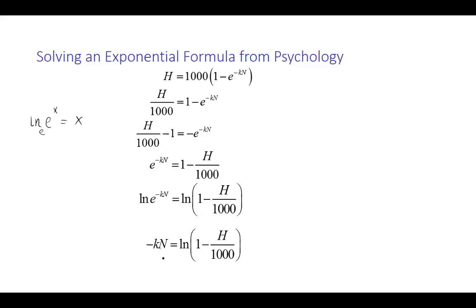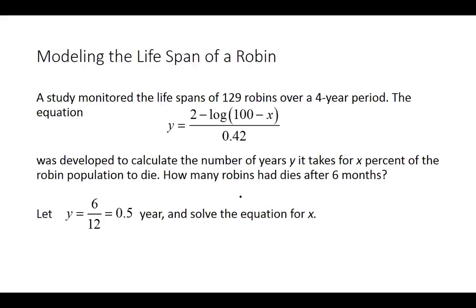And now we can easily isolate k by dividing both sides by minus n, or multiply both sides by minus 1 over n. And this is it. We isolate k that way. So the key was, at this point, to take a log of both sides, so I can eliminate the e to isolate n.